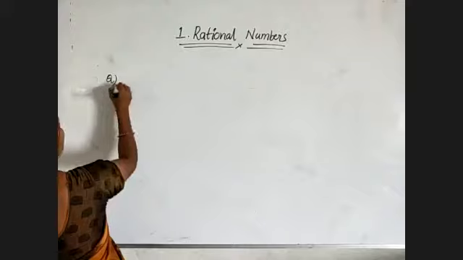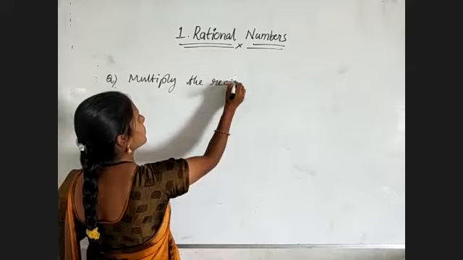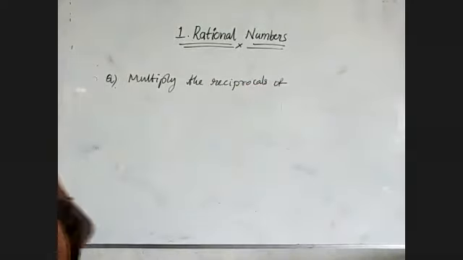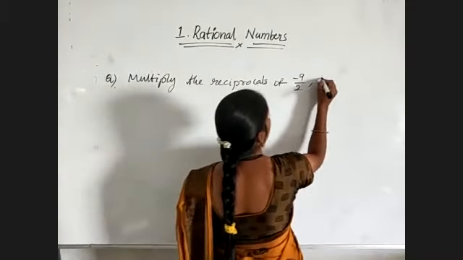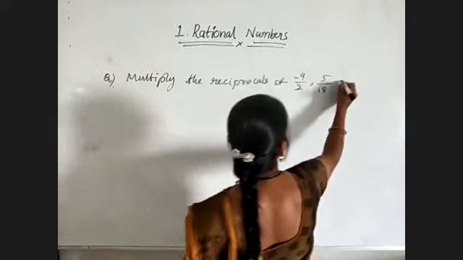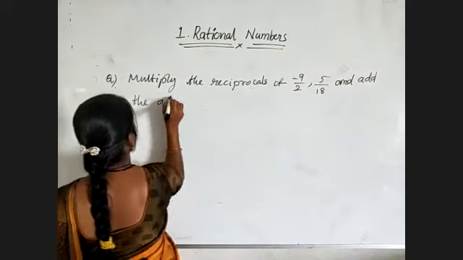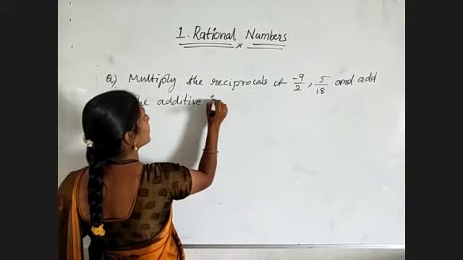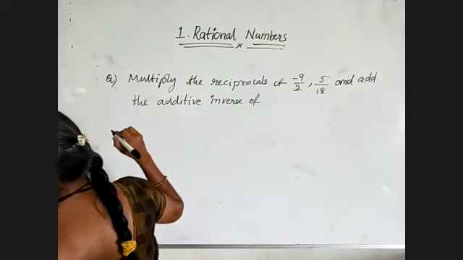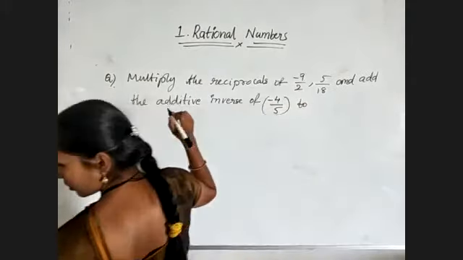If I give one question: multiply the reciprocals of minus 9 by 2 and 5 by 18, and add the additive inverse of minus 4 by 5 to the product.